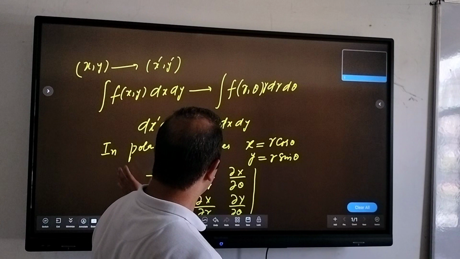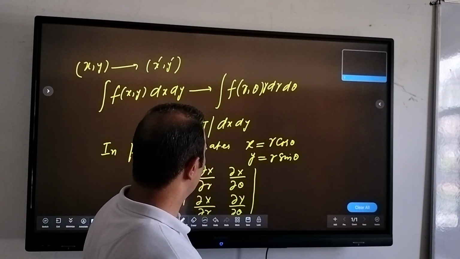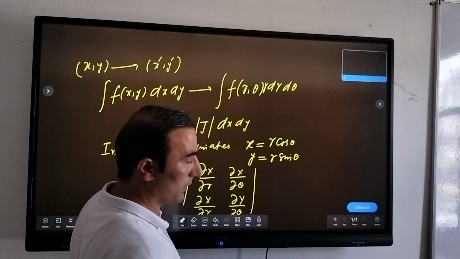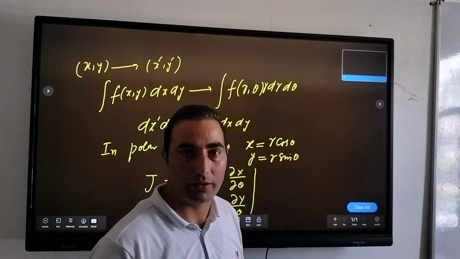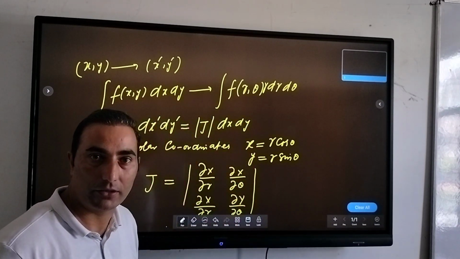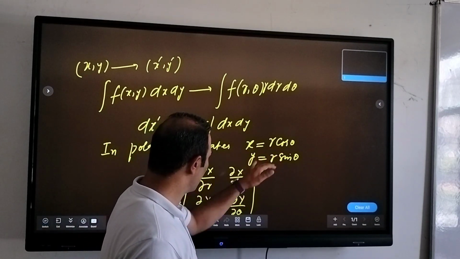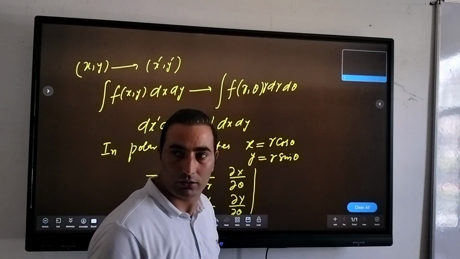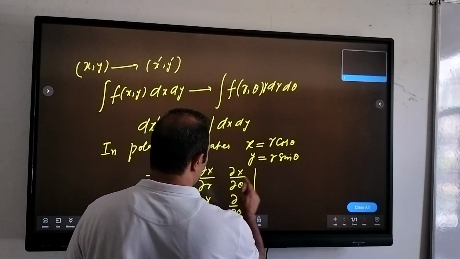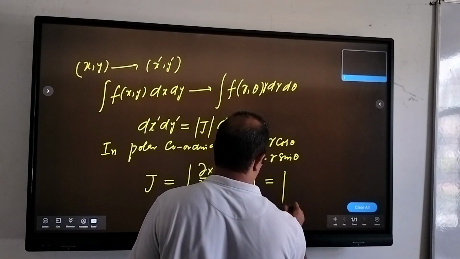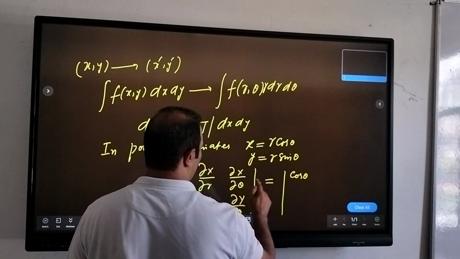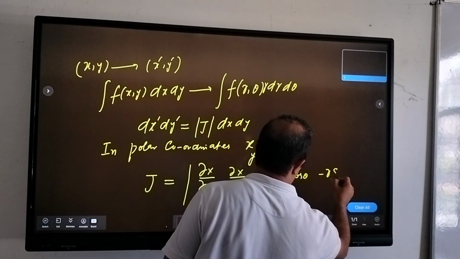This is how you can relate, because you need to write this length element if you go from the unprimed to the primed system by multiplying by this Jacobian, right? And this Jacobian is simply the determinant of the differential elements, taking the variation of x with respect to r and theta, and then y with respect to r and theta, right? So partial x by partial r will be cos theta here, and partial x by partial theta will be equal to minus r sin theta.